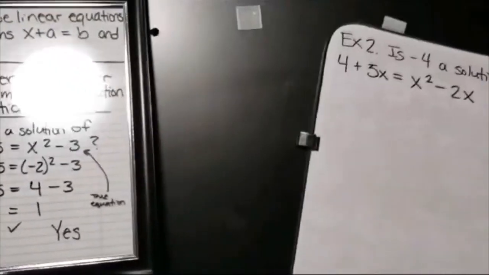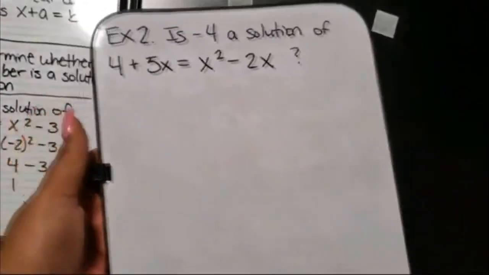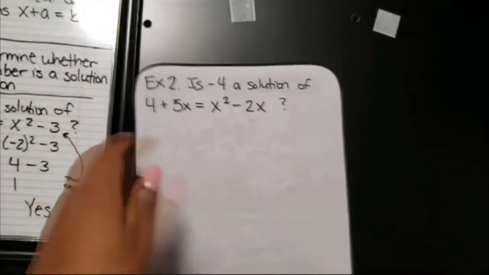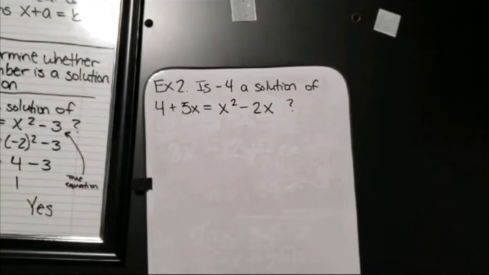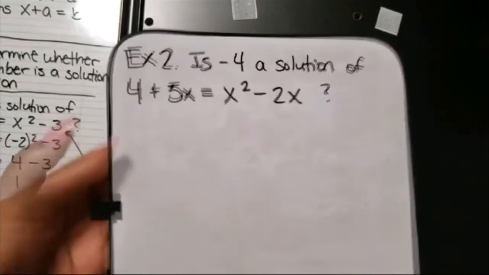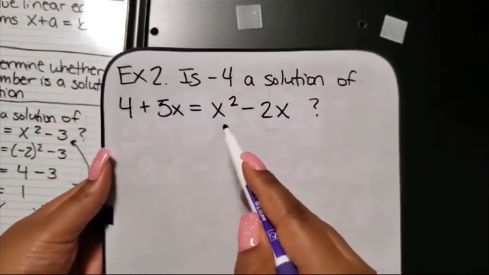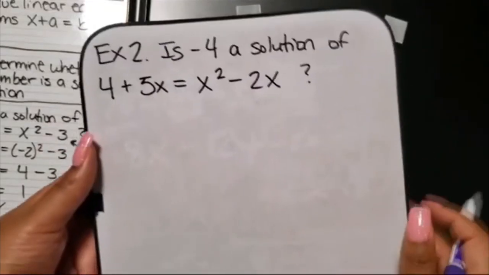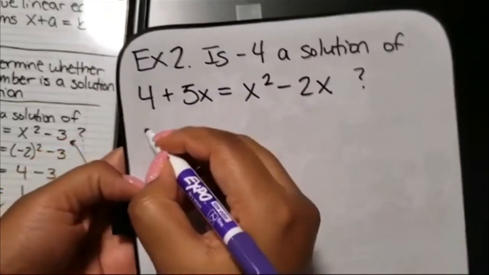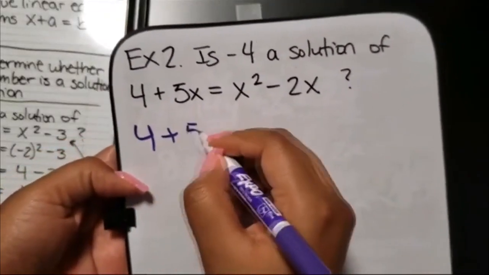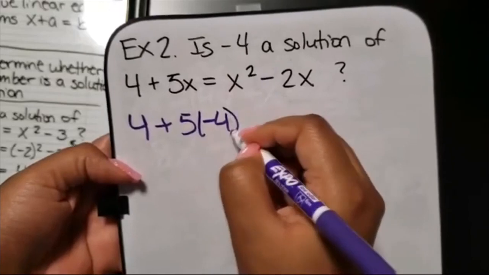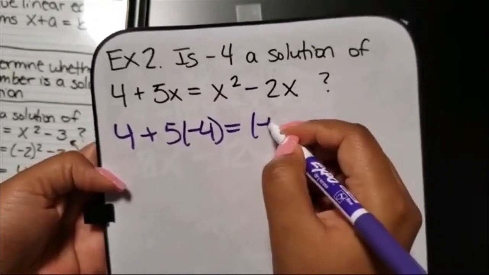So let's do another example to determine if our solution is -4. So we're going to plug in -4 everywhere we see an x, okay? So we're going to just rewrite everything, and then we're going to plug in that -4.